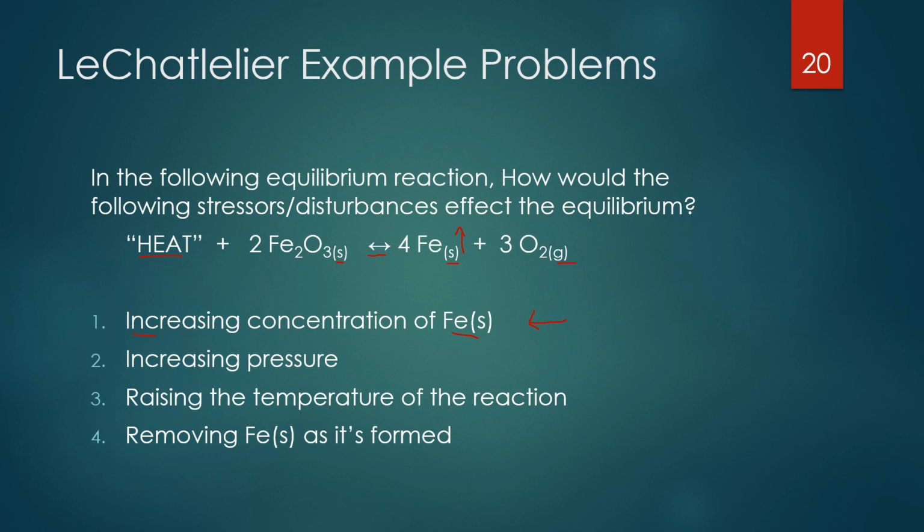Okay, let's look at the next one: increasing pressure. With pressure, we're going to look at reactants and products that are gases. The only gas in this entire reaction is oxygen. By increasing the pressure, I'm increasing the concentration of that gas, because we looked at this in chapter 5.